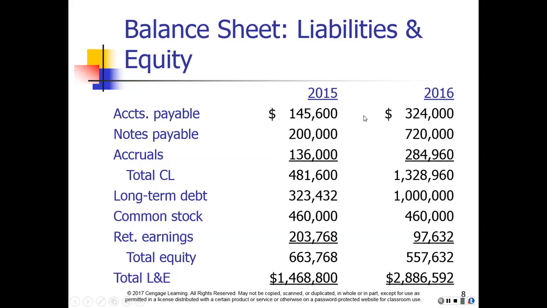Of course, we will pay it off over the next month. Of course, we would have bought new supplies, and so there's always some amount remaining in the accounts payable account. But this 324,000 in 2016 is expected to be paid off very soon.